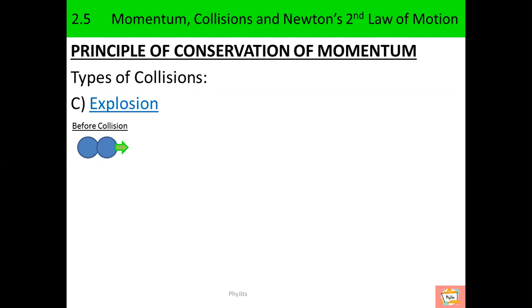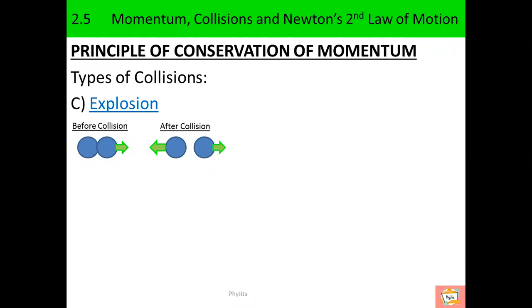A bomb can be placed in one position, not moving, or it can be placed in a moving car, so it is moving. Then when it explodes, it will break into pieces. For analysis purposes, we assume it breaks into two pieces.